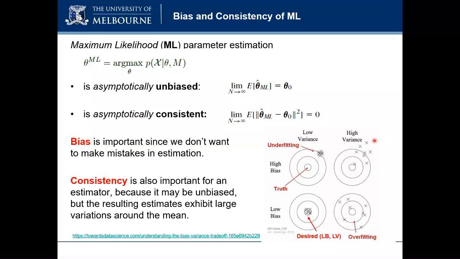You're all over the place. You don't know how to shoot an arrow, right? Low bias and low variance is what you want. You want to shoot close because it is low bias. You are close to the truth, to the center, but also your variance is small, so you are not shooting all over the place. If it's low bias and high variance, it's also bad, right? So this is the desired situation.